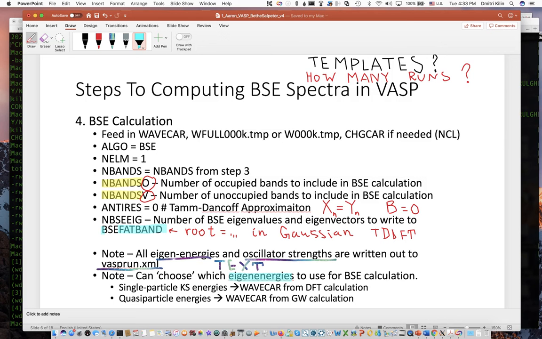And so you can use a WAVECAR, so it will read in a WAVECAR just from a regular DFT calculation, similar to what the Krylov group uses. They use WAVECARs generated from HSE06. So you can use those energies and orbitals instead of GW energies and orbitals.